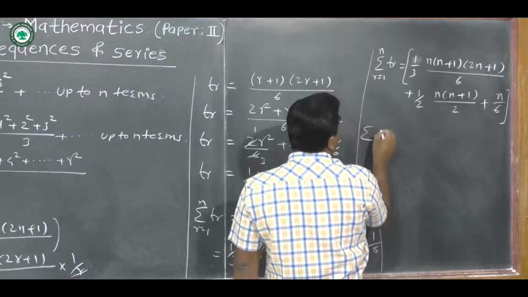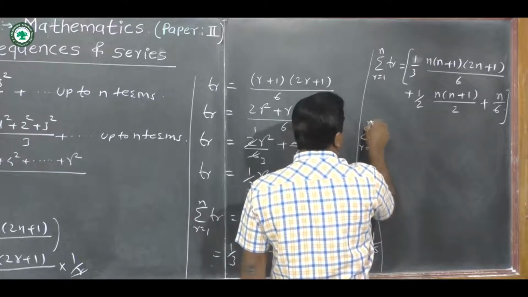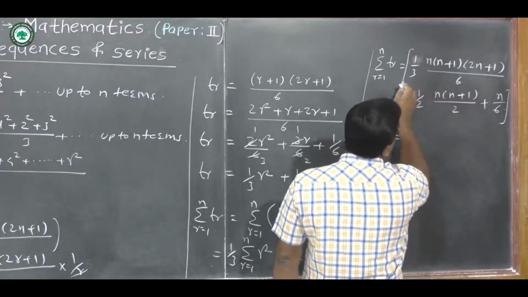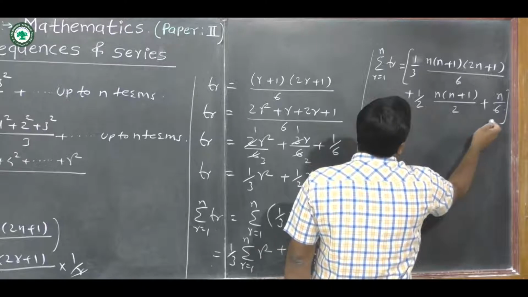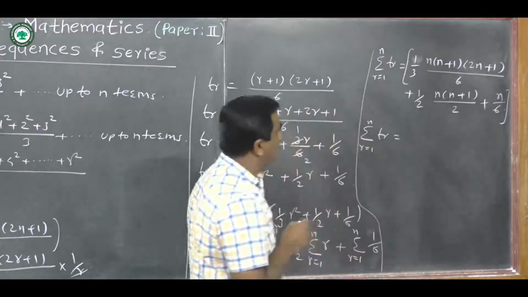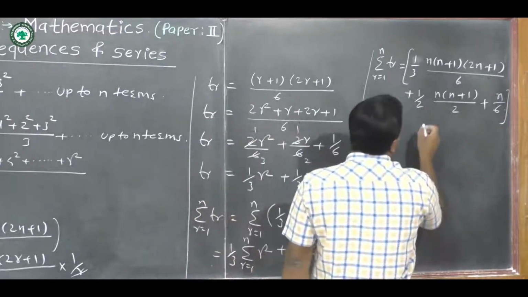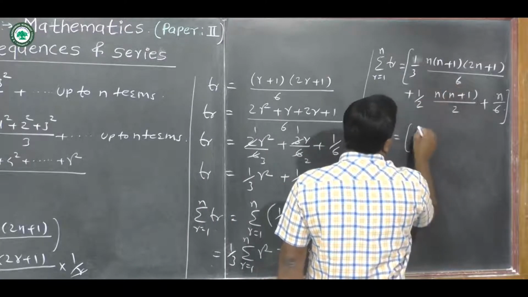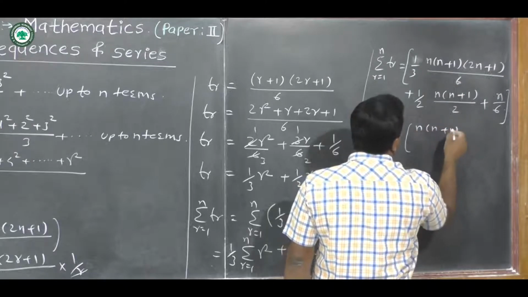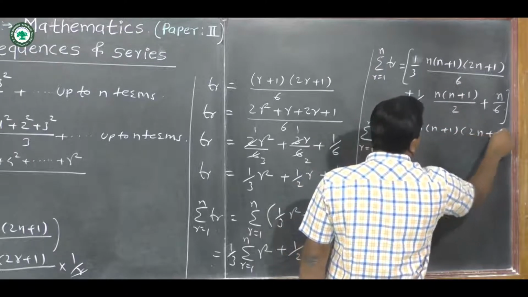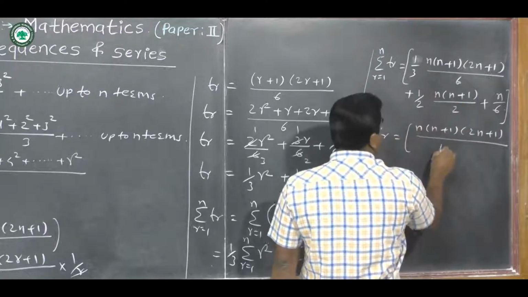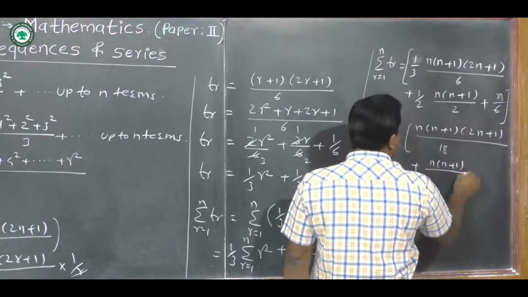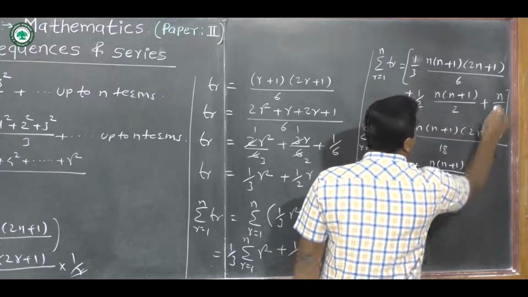Therefore summation of tr, r goes from 1 to n, is equal to, taking the product, first we take n upon 2 common. First we take this product here: n into n plus 1 into 2n plus 1 upon 18, plus n into n plus 1 upon 2 into 2, 4, plus n upon 6.